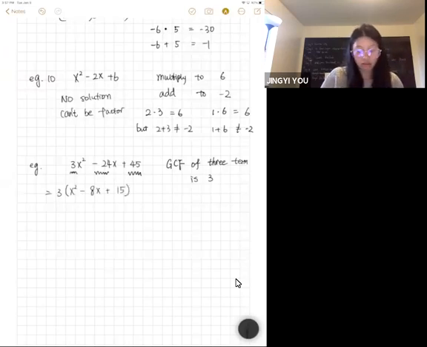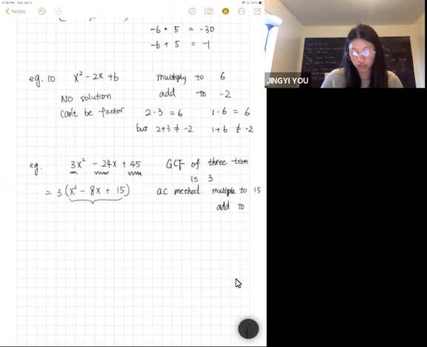And now when you see this, what should we use? Now we can comfortably use the AC method, which is two numbers that multiply to 15 and two numbers that add together to get negative 8. Don't forget the negative sign. Okay, so which two numbers?